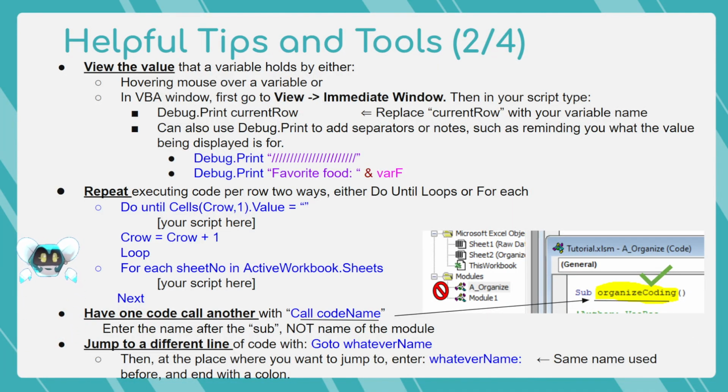Moving on to our second tab, you can view the value that a variable has by hovering your mouse over that value in VBA. Also, you can go to View, click on Immediate Window, and it'll open up a little pop-up window that looks blank, but in your macro coding, type in debug.print space, put in your variable name, and then the next time you are stepping through your code by pressing F8 or executing it entirely, the immediate window will show the value.